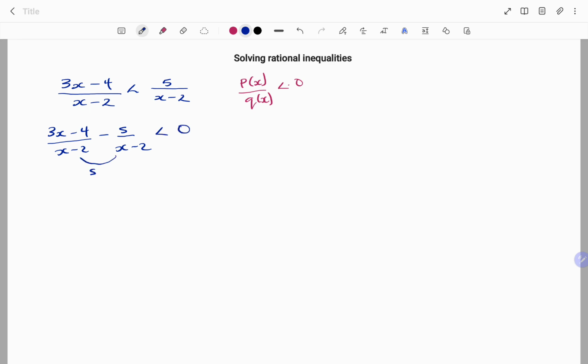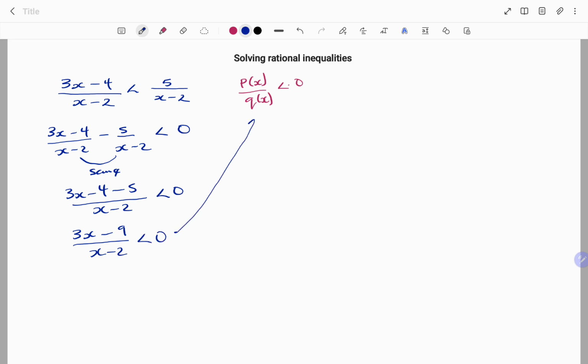Already, the denominators are the same, so we can match the numerators. We're going to put it under the same denominator, x minus 2. At the top, we have 3x minus 4 minus 5 less than 0. And if we collect like terms, we are going to have 3x minus 9 over x minus 2 less than 0. That is looking like a standard form.